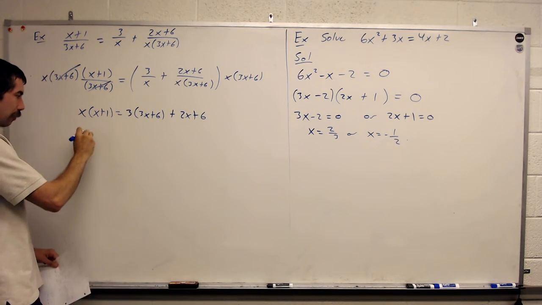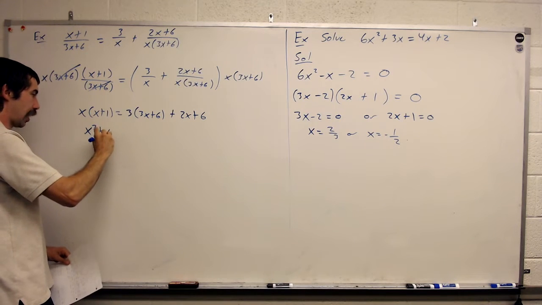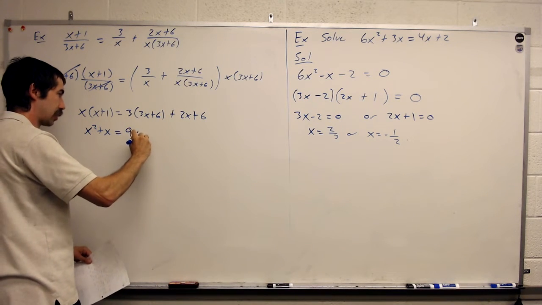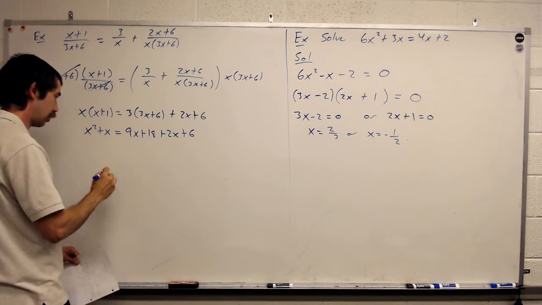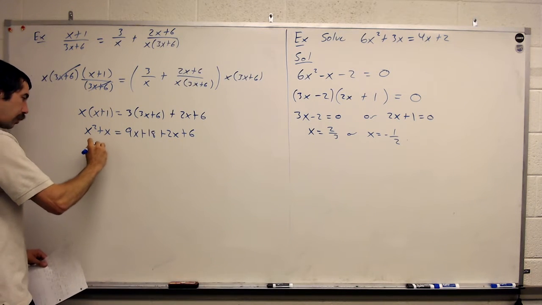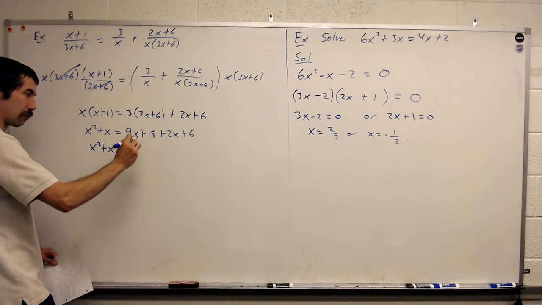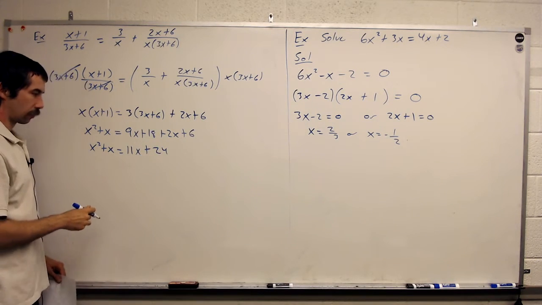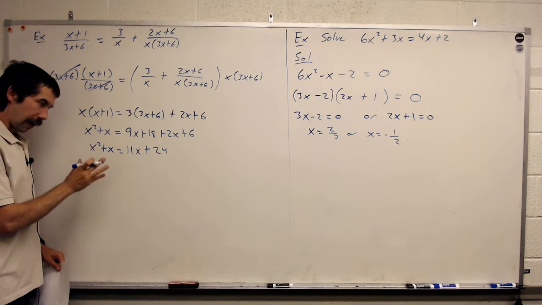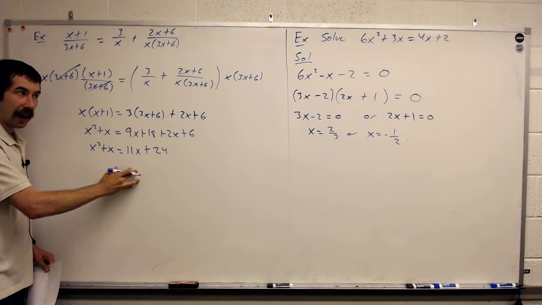Then we'll reevaluate. So we have x squared plus x equals 9x plus 18 plus 2x plus 6. X squared plus x equals 11x plus 24. How do we deal with this? We need to bring everything to one side.